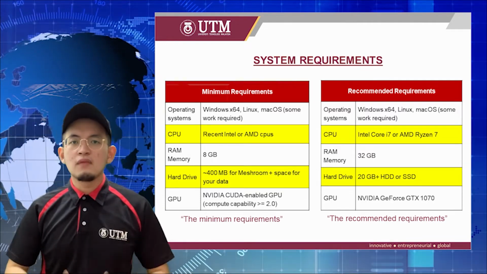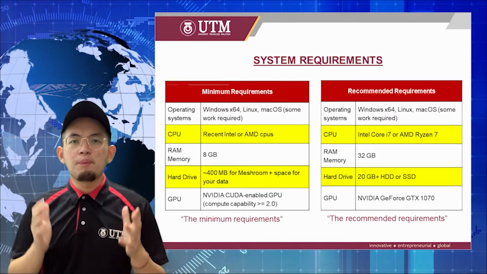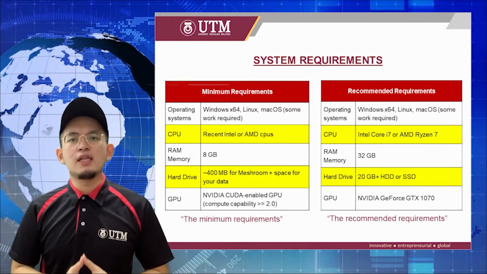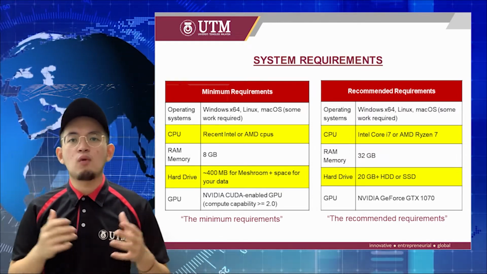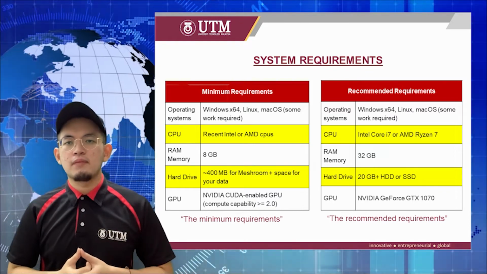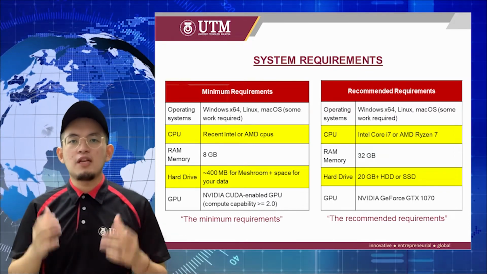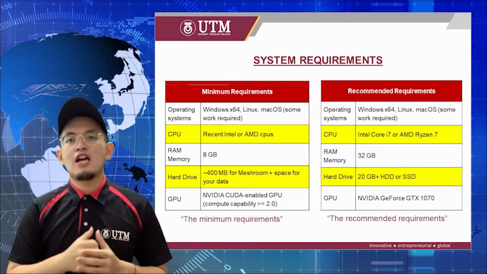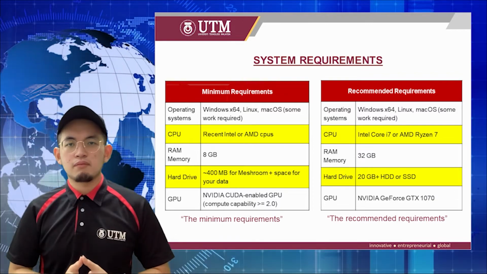Regarding hardware, an NVIDIA GPU is required with compute capability of at least 2.0 for the dense high quality mesh generation. 32 GB of RAM is recommended for the meshing, but you can adjust parameters if you don't meet this requirement.